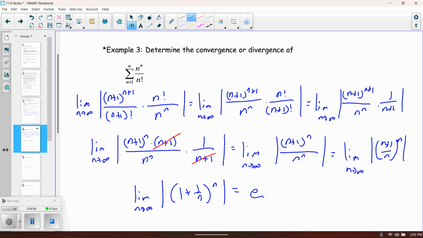But that's the actual definition. That's how you find e, is the limit as n goes to infinity of 1 plus 1 over n, all raised to the nth power. And since e is a number which is definitely greater than 1, we know that this one is divergent.